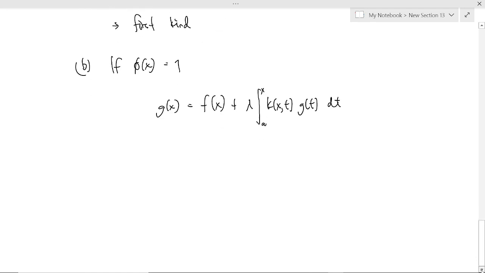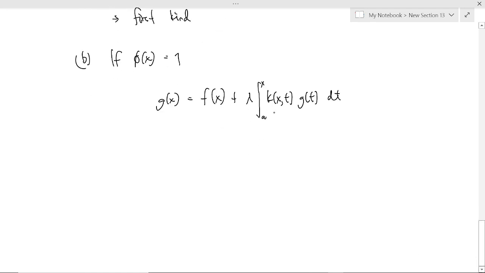Now we also consider this case for the kernel.